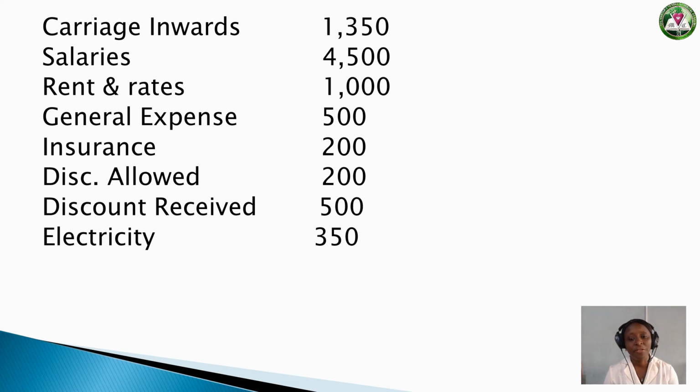Chibuchim, be fast in writing. Discount allowed 200 naira. Discount received 500 naira. The last, electricity 350 naira. Please, these are the transactions.